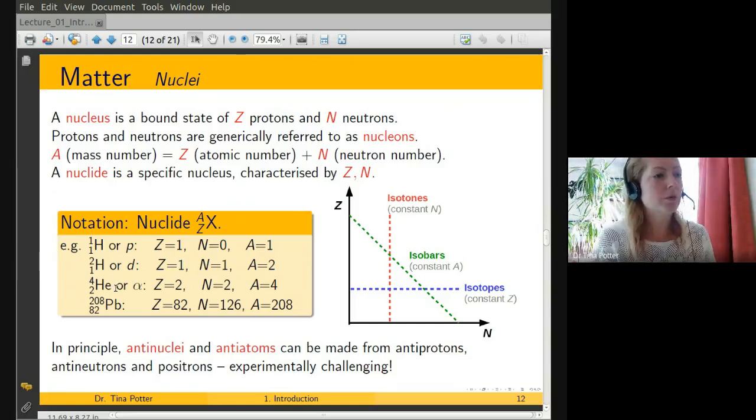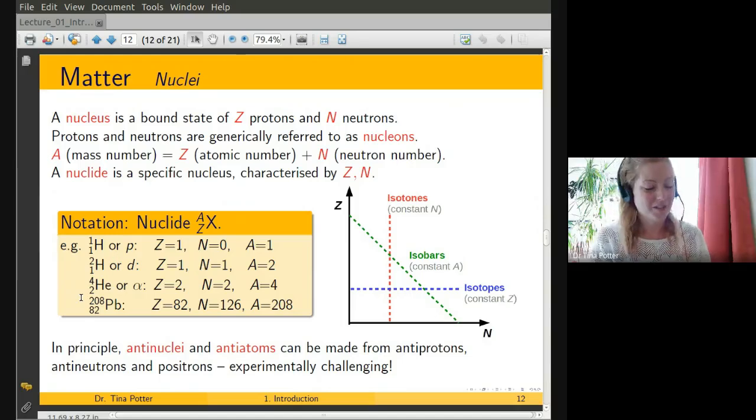And then moving up, of course, helium is our next one. Let's have 2 protons and 2 neutrons here with a total of 4 nucleons then. So we write helium-4 as 4 2 He, or sometimes just alpha because they are alpha particles when we deal with radioactive decay. And onwards, for example, with lead with 82 protons and 126 neutrons, giving us 208 in total.